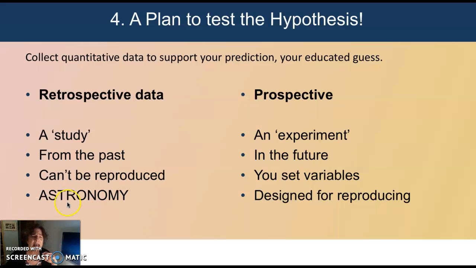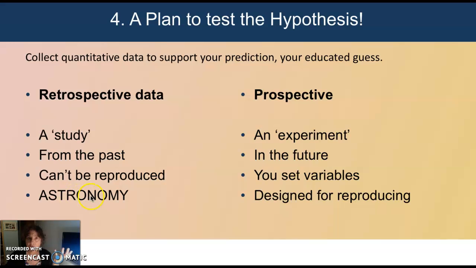On top of that, there's basically two types of data: retrospective quantitative data, so measurements from the past, and prospective measurements from the future. Now, we've already talked about light years and the fact that light takes so long to move across space.